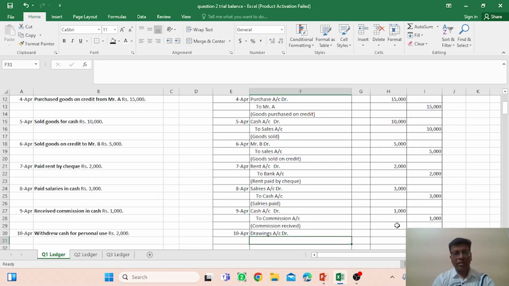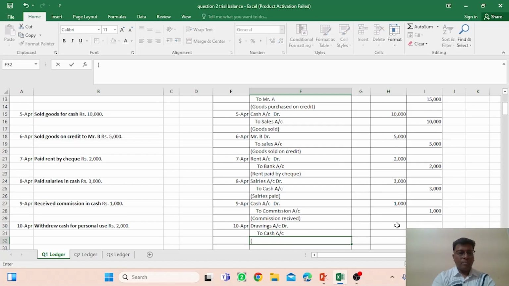And because you are withdrawing the cash, cash balance is reduced to cash account. Withdrew cash for personal use, it means the drawing, and the amount is rupees 2000. In both the columns you have to mention rupees 2000, right?